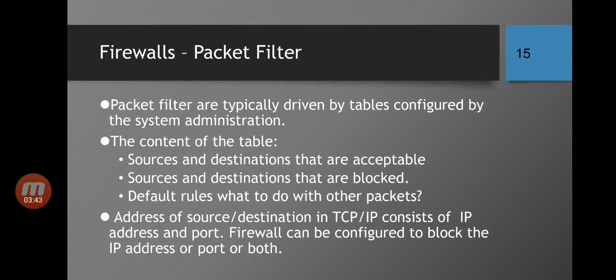So the content of the table consists of sources and destinations that are acceptable, sources and destinations that should be blocked, and default rules on what to do with other packets. Address of source or destination in TCP/IP consists of IP address and port. Firewall can be configured to block the IP address or port or both.